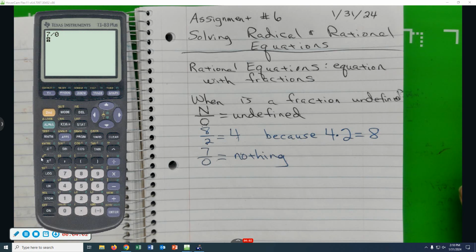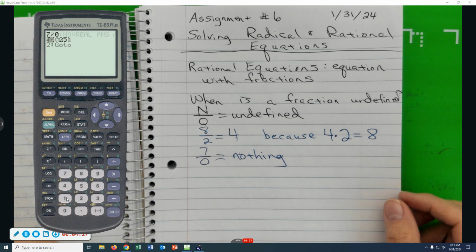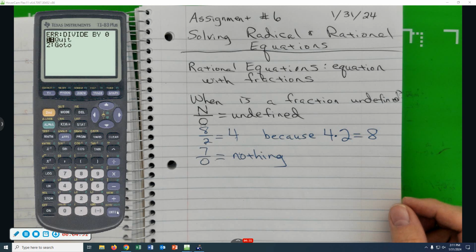The other is if we had the square root of a negative number. We know the square root of negative 25 is 5i, but this calculator only works with real numbers. So that error means you're getting an imaginary number. The other one is just error, divide by 0.